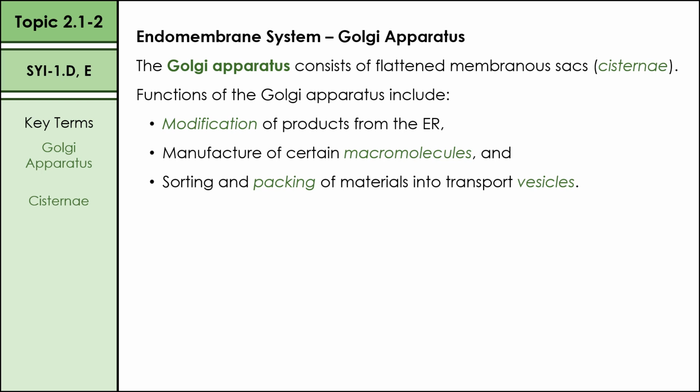We manufacture certain macromolecules here, mostly carbohydrates, and we can sort, pack, and make them ready for transport in those vesicles. So this is the region of our cell where we are getting everything squared away and ready to move on to other areas.